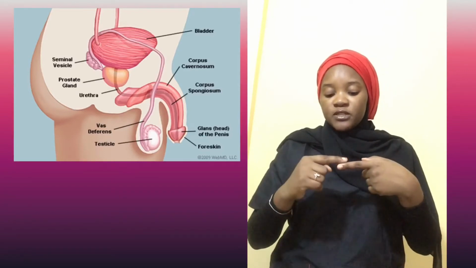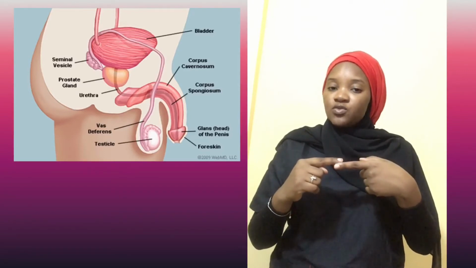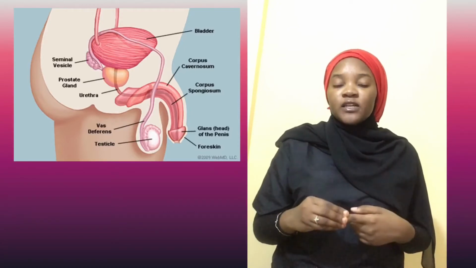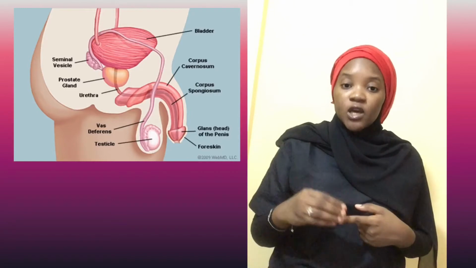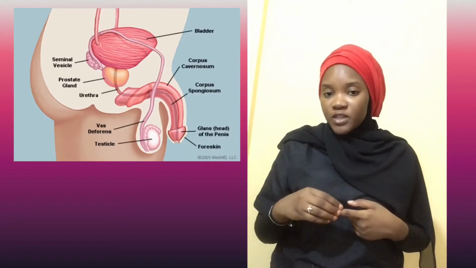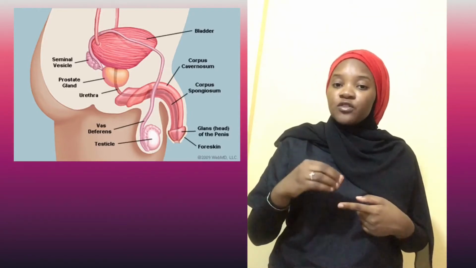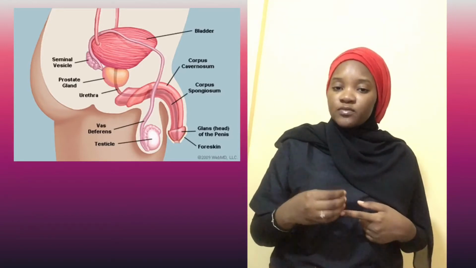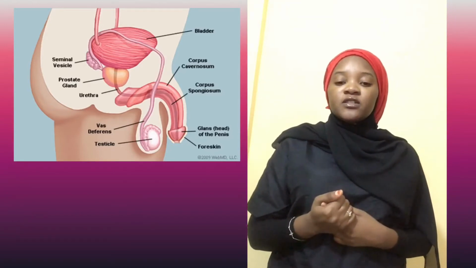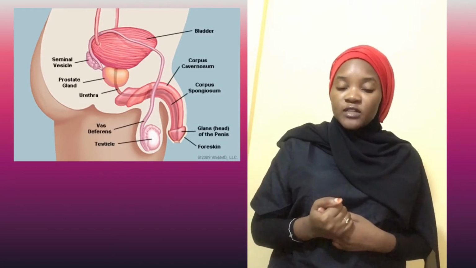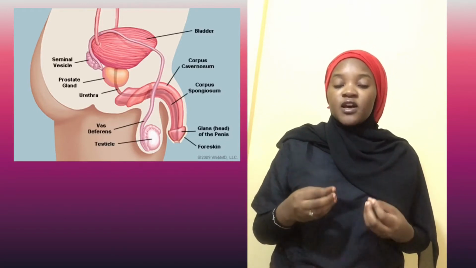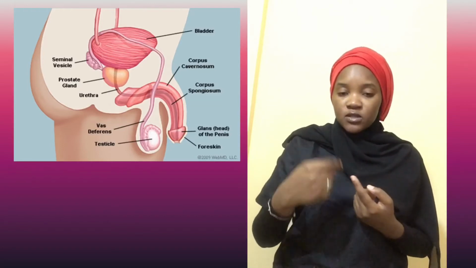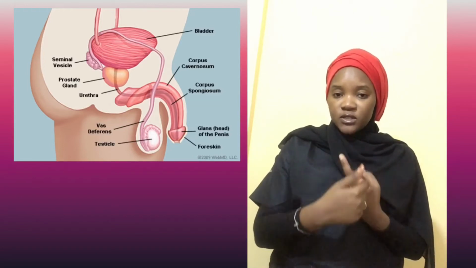This place around here is the glans penis, which is usually pinkish in people that are circumcised, and it is covered with skin in people that are not circumcised. And there are other structures known as the corpus cavernosum and corpus spongiosum, which are besides or around the penis.